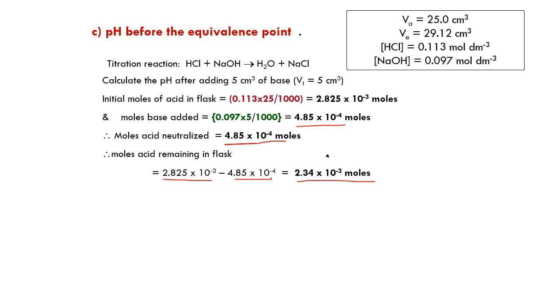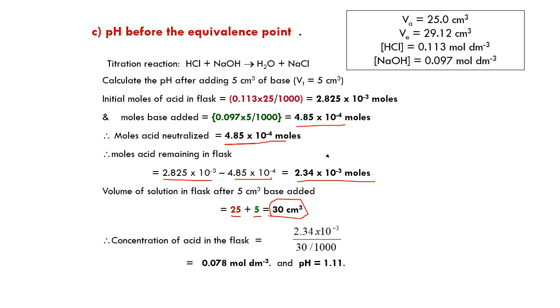Those hydronium ions that are produced are going to be responsible for the pH at this point in the reaction. So we need to think about the total volume in the flask at this point. Initially it was 25. We've added 5 cm³ of base, so the total volume in the flask is 30.